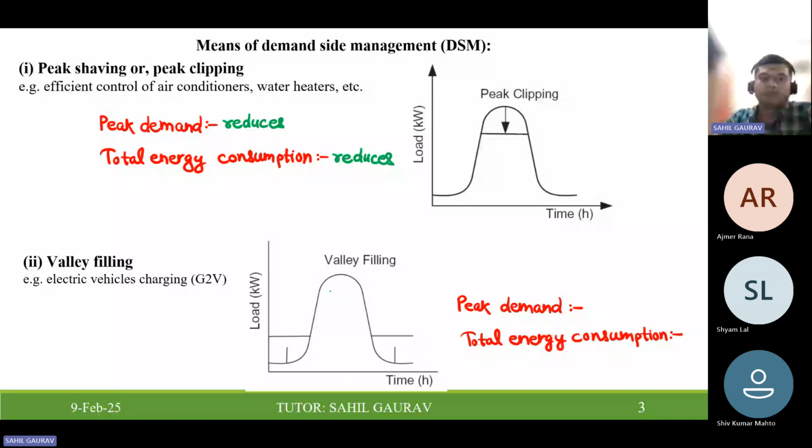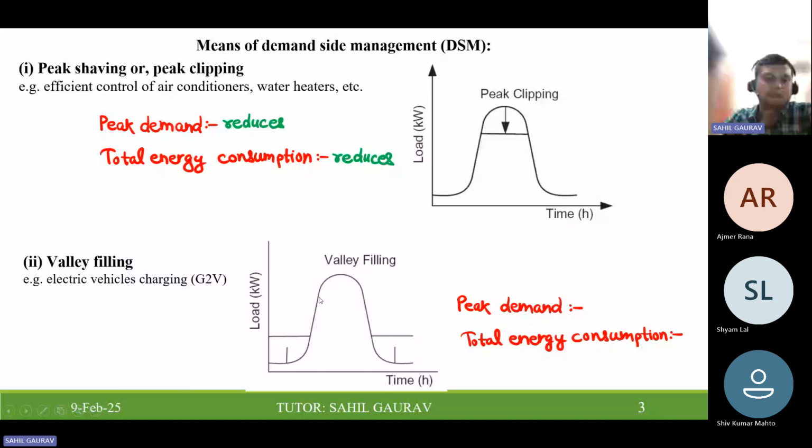So how can you increase the load during off peak hours? These are off peak hours, and this one in the center is the peak demand hour time. So how can you increase the demand during off peak hours?